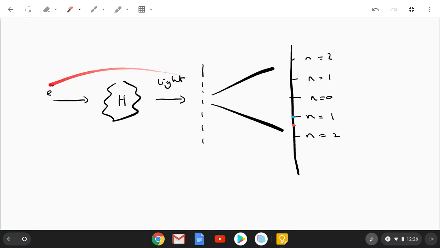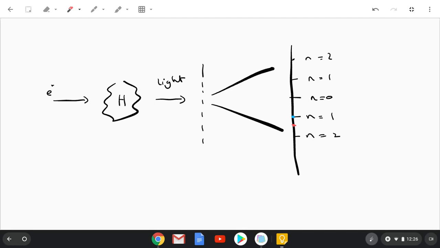Now, here we have a single electron interacting with the inside of the hydrogen, and as a result, we get light being produced. Unfortunately, the light which is produced is not a continuous spectrum.